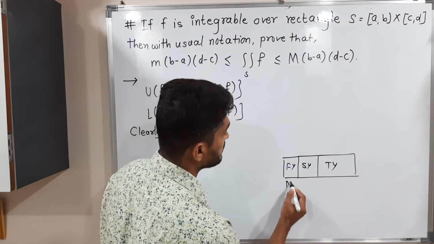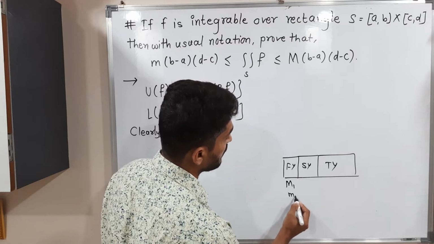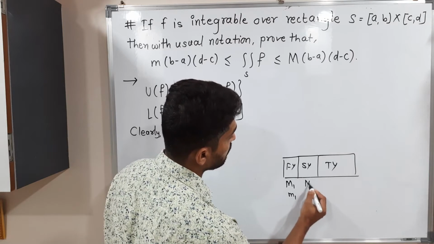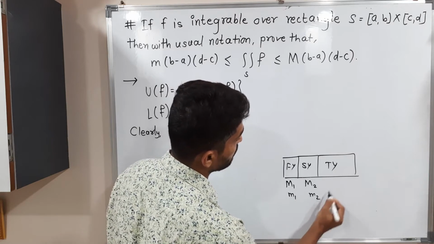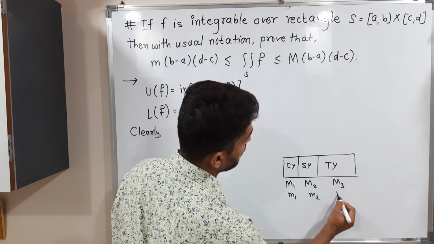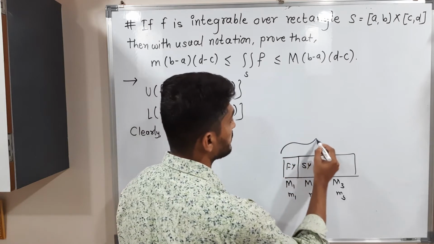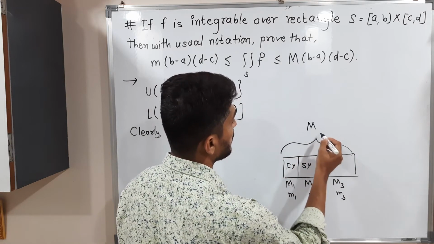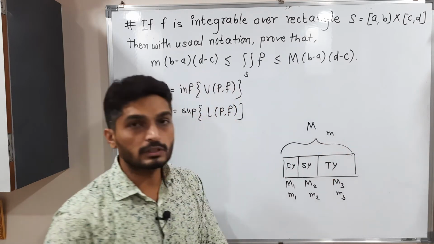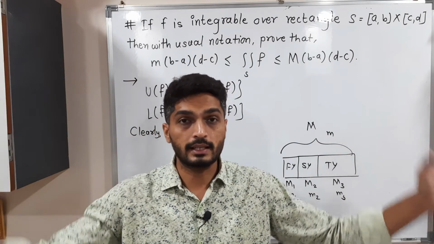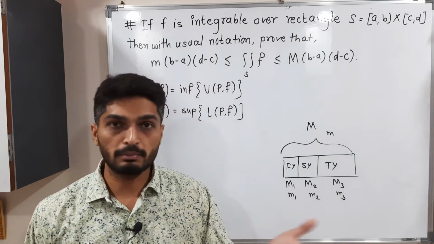Suppose in FY the maximum marks is M1 and minimum marks is m1. In SY maximum marks is M2 and minimum marks is m2, and here capital M3 and small m3, right? But if you consider all classes, then also there will be some maximum marks and some minimum marks.